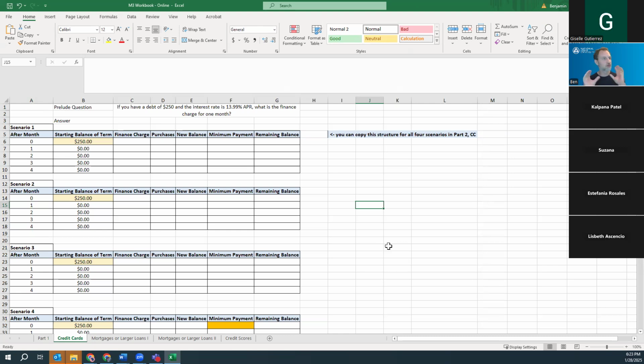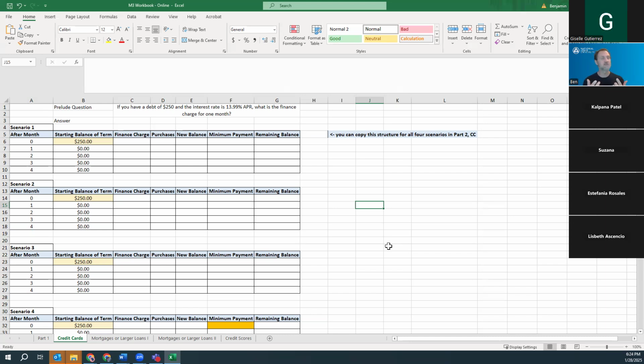In the 4th scenario, your challenge is to look at the situation and use some problem solving in Excel to help you solve what is a difficult problem. So I'll do scenario 1 and show you how to set up scenario 2, and then I'll set up scenario 4 so you can think about how you would approach that problem.